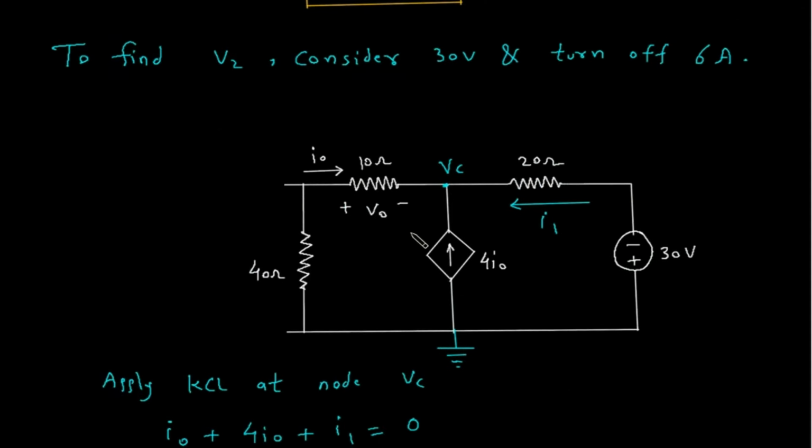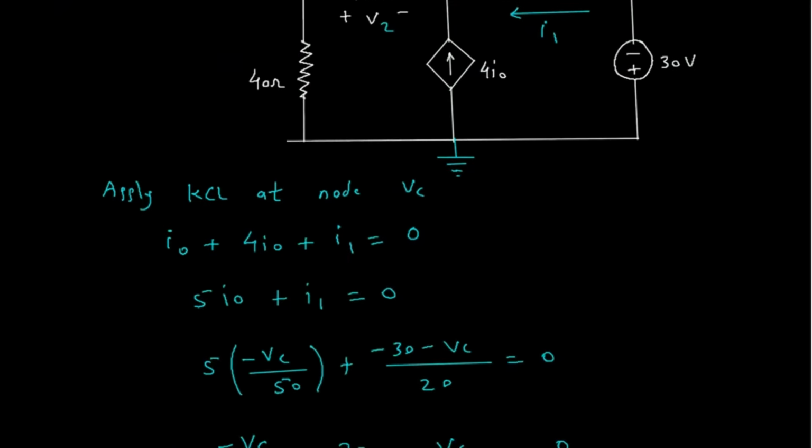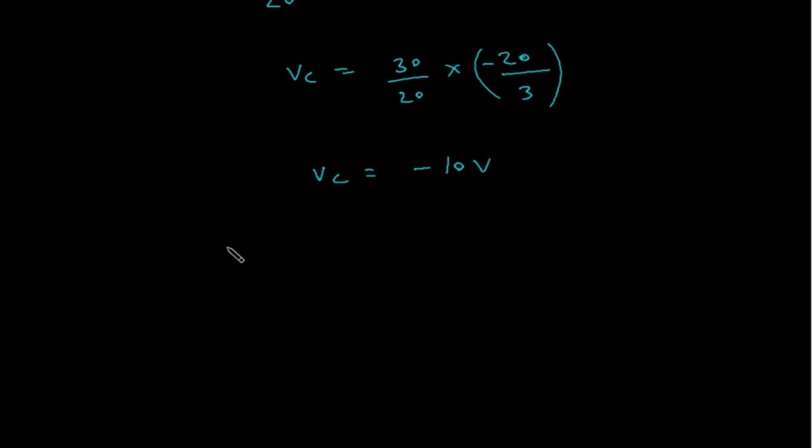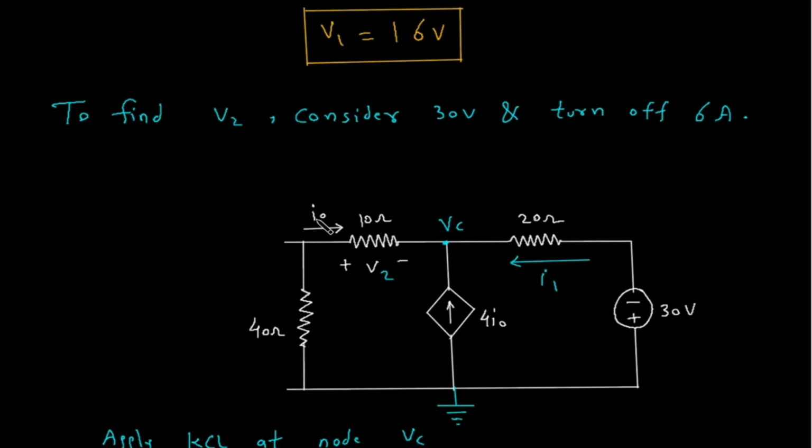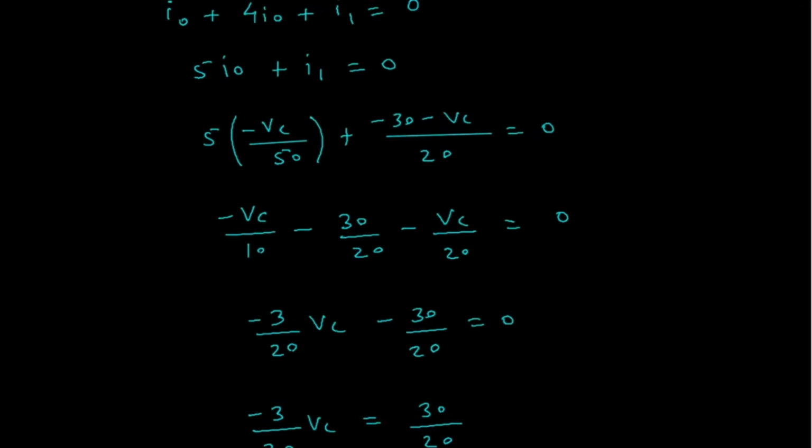What we have to find? We have to find this, which is not Vo, this is V2. So V2 is equal to current into resistance. So current is Io into 10 ohm.